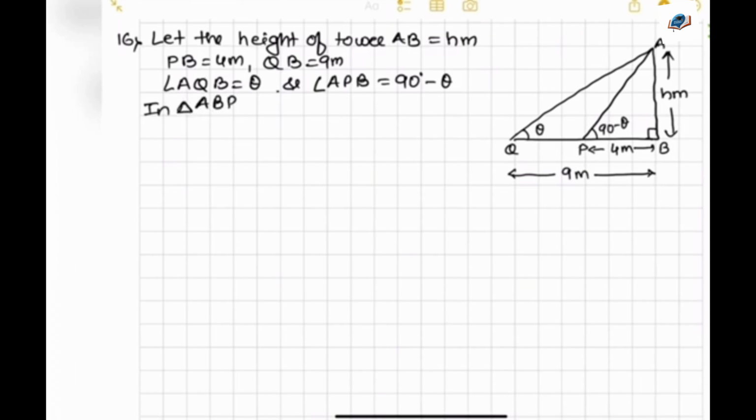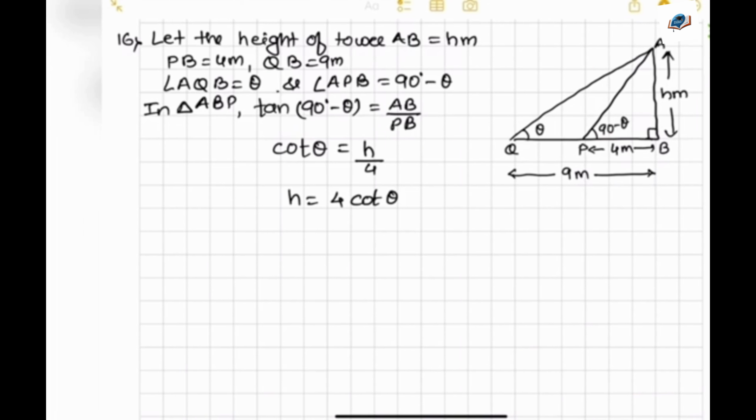So here in triangle ABP, tan 90 minus theta will be equal to AB upon PB. So tan 90 minus theta means cot theta equal to H by 4. So H equal to 4 cot theta.